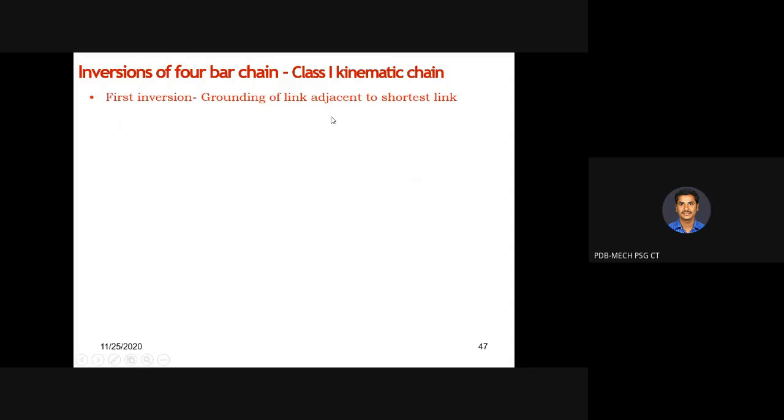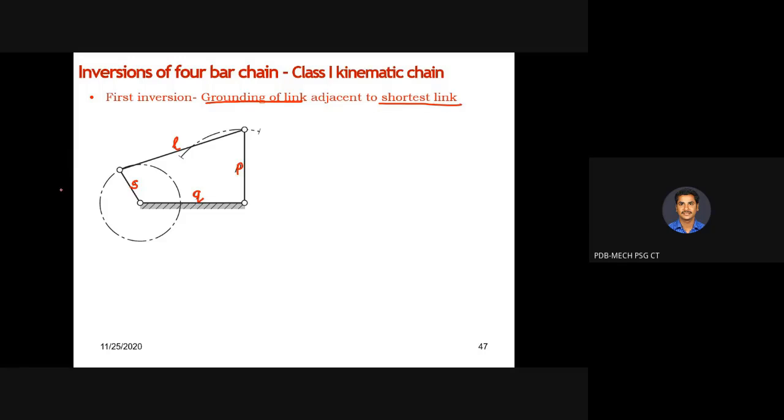As I mentioned, in a 4-bar mechanism you will have a shortest link, a longest link, and the intermediate links P and Q. S is your shortest link, L is your longest link, and P and Q are the other two links, which are of intermediate dimension between S and L. So first inversion means we are going to fix the link adjacent to the shortest link.